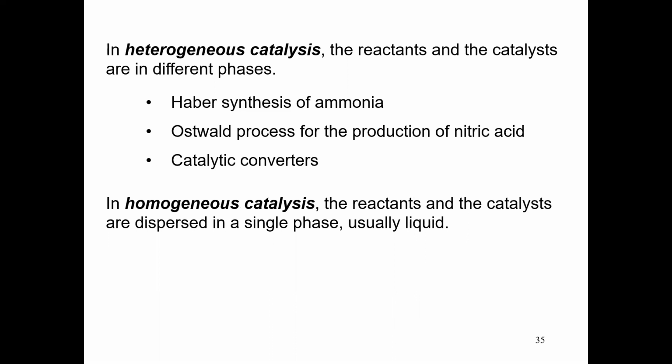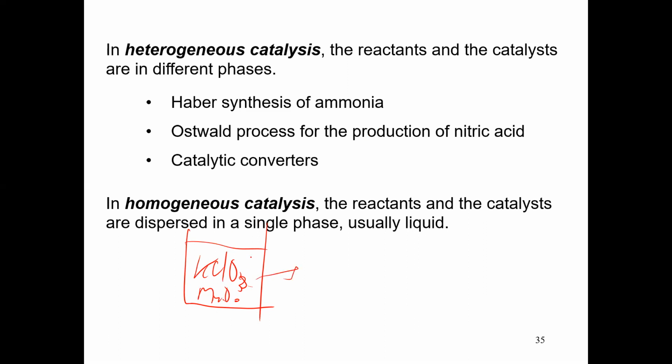Homogeneous catalyst: the reactants and catalyst are dispersed in a single phase, and basically it uses a liquid, and then you would have little particles in a solution. It's like the lab we did before with the potassium chlorate and the manganese dioxide. That enabled the reaction to occur better.